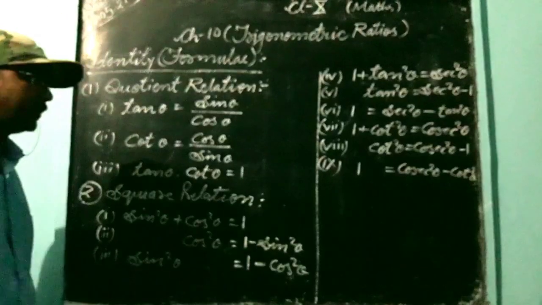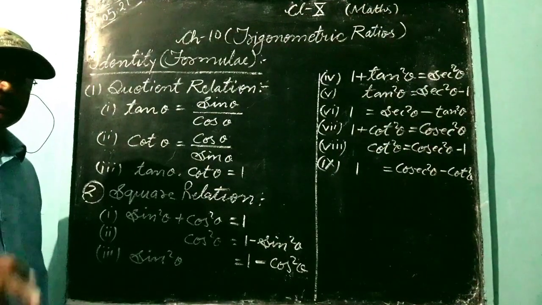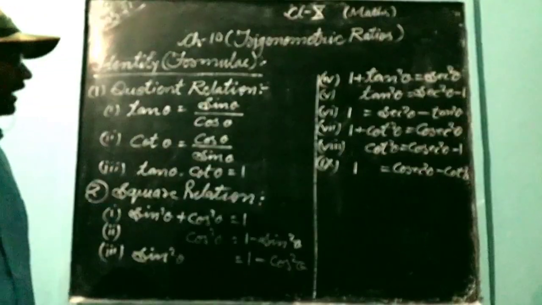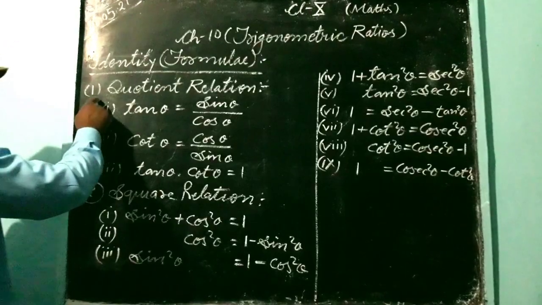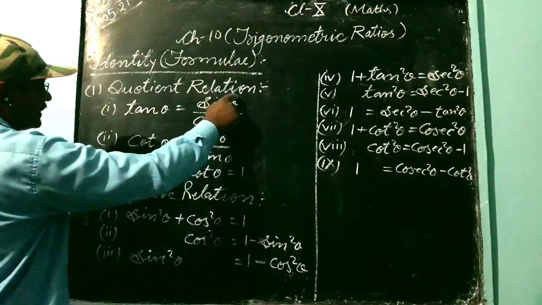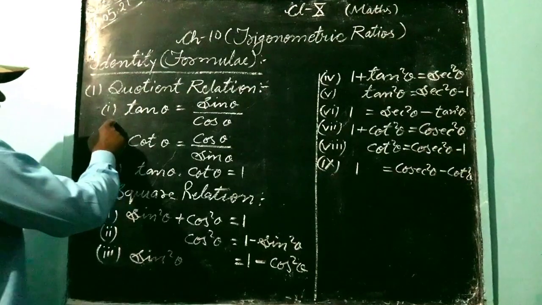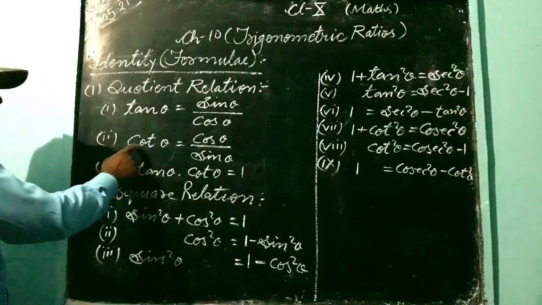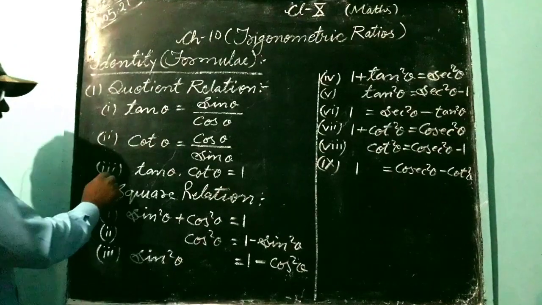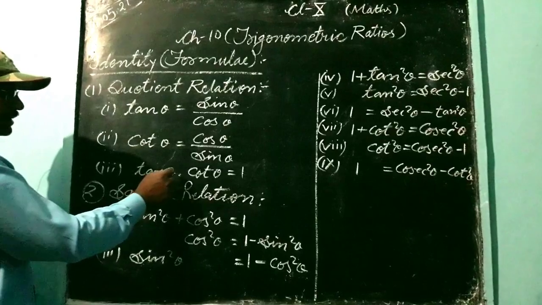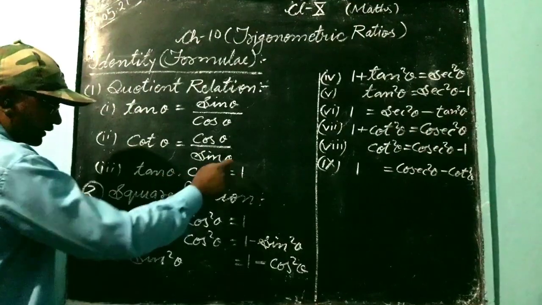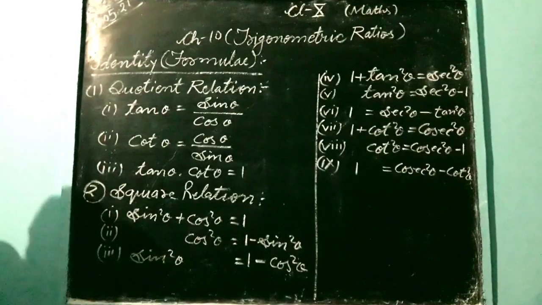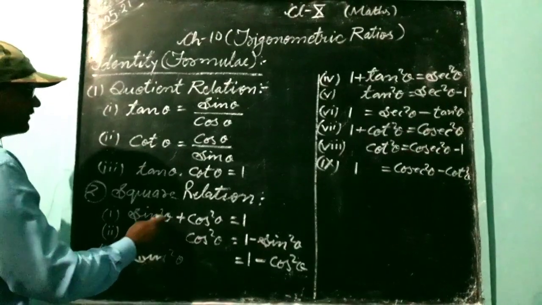So these are all important for the first exercise. You have to remember these identities. First given is the quotient relation: tan theta is equal to sin theta upon cos theta, cot theta is equal to cos theta upon sin theta, and the third part, tan theta into cot theta is equal to 1. Next, the square relation: you see square everywhere.